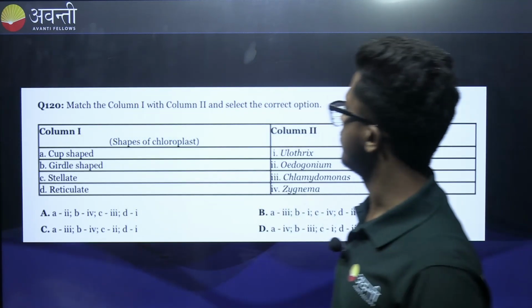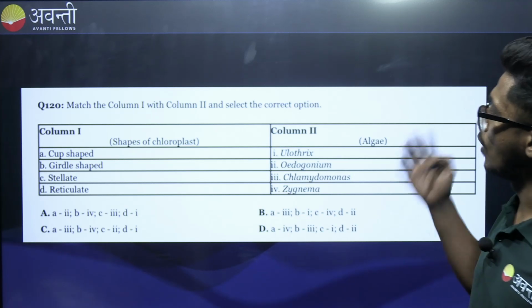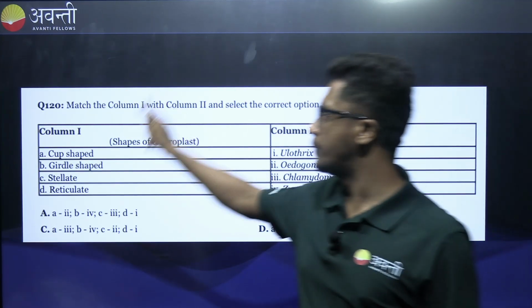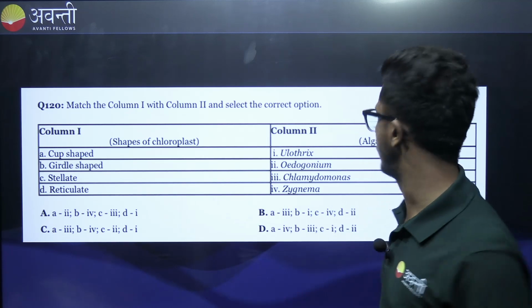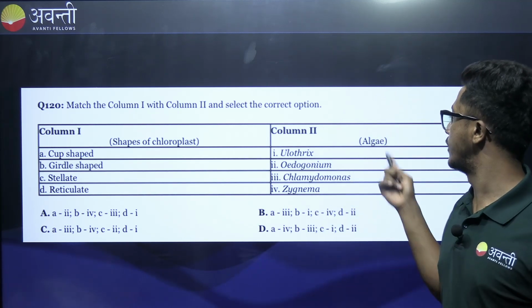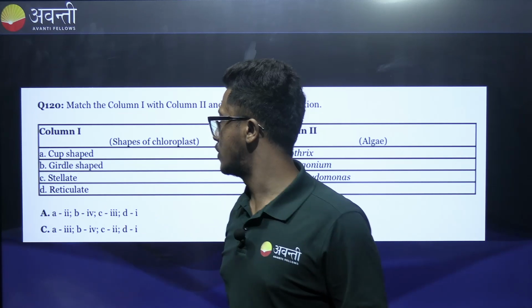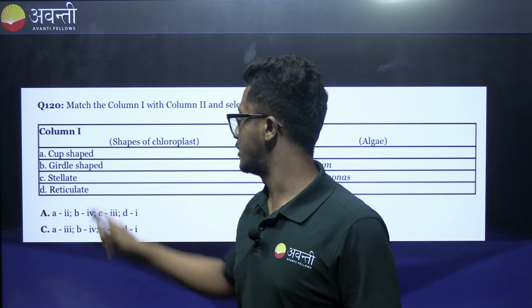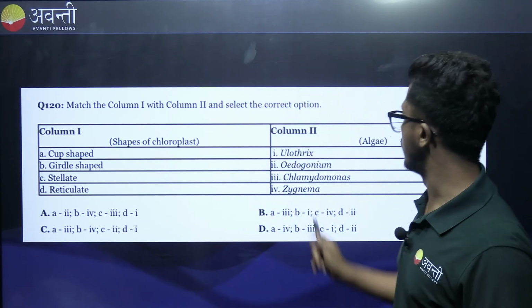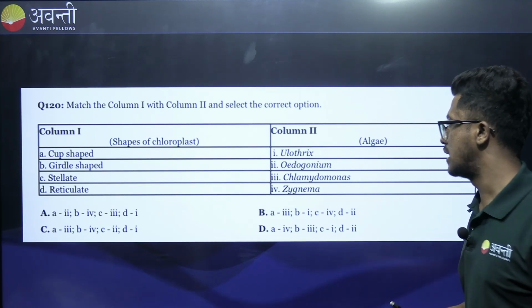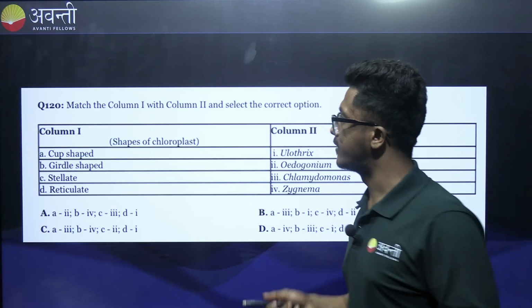Our next question is, again, match the following column 1 with column 2 and select the correct option. We have the shapes of the chloroplast in one column and the algae in the other. The shapes given are cup shape, girdle shaped, stellate shape, and reticulate shape. Here we have Ulothrix, Oedogonium, Chlamydomonas, and Zygnema as the examples.